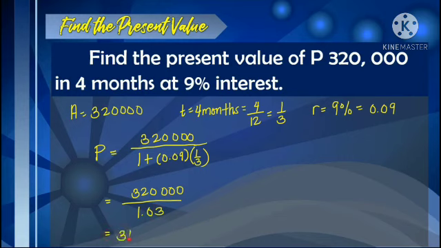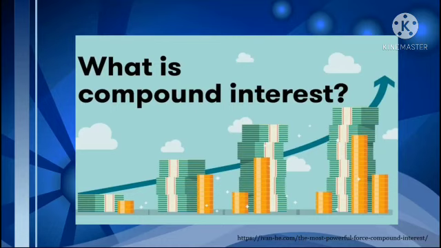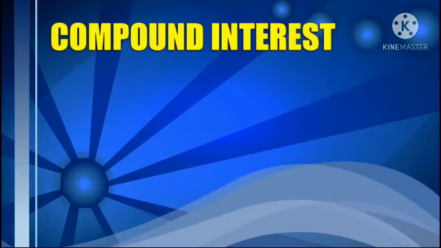Dividing this gives us 310,679.61 pesos, which means the present value of 320,000 pesos is 310,679.61 pesos.